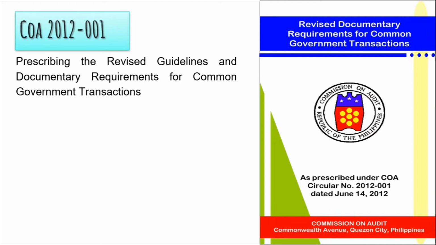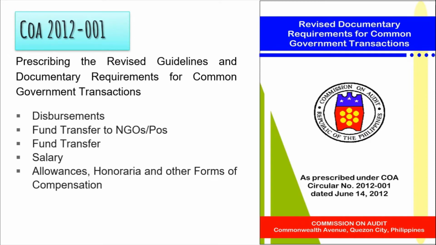It provides guidelines in disbursement, fund transfers to NGOs and POs, and salary, allowances, honoraria, and other forms of compensation. You can download this circular on the official website of the Commission on Audit.